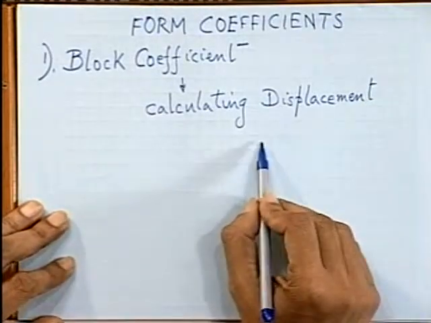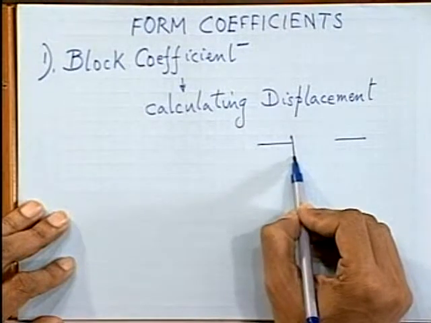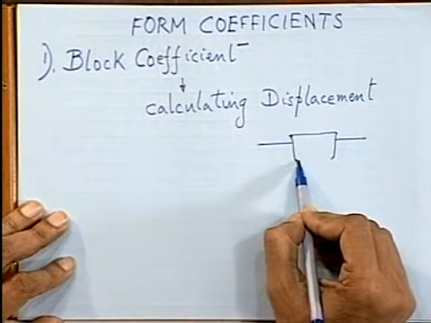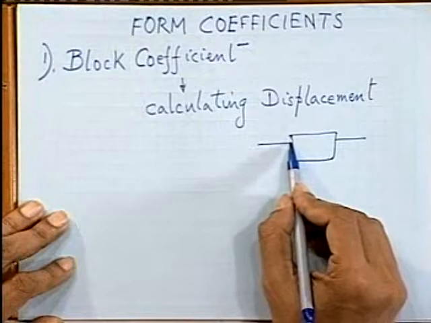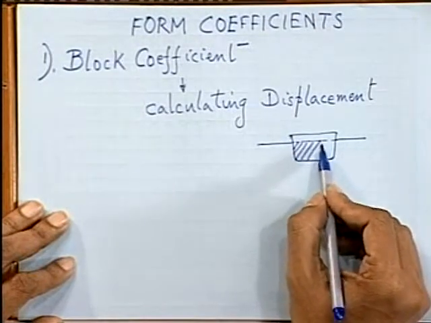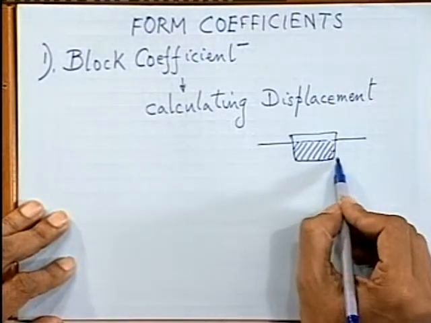By Archimedes principle, I am not explaining again in detail, any floating body, a ship is nothing but a floating body, the weight is supported by the buoyancy, and the amount of buoyancy is given by the volume of water that the ship displaces or throws out for that particular draft.